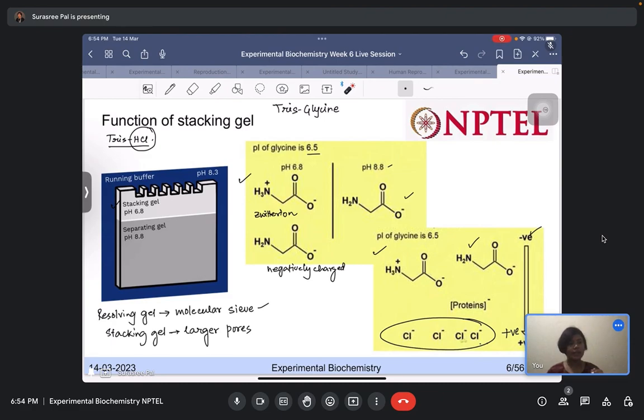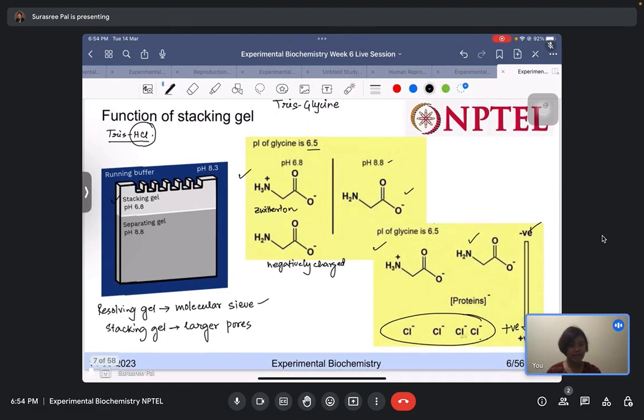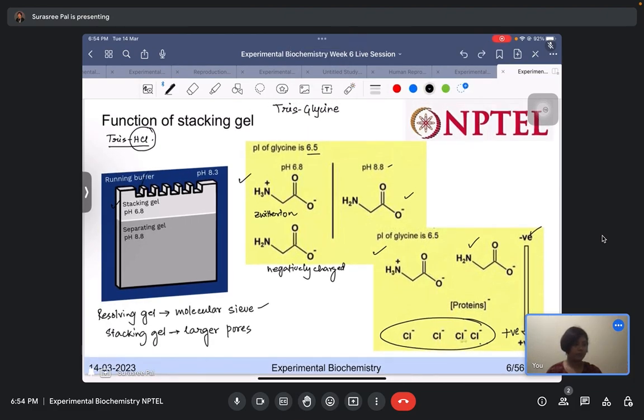So if there had not been a stacking gel, what would happen? In these lanes we add approximately 15 to 20 microliter of our sample.